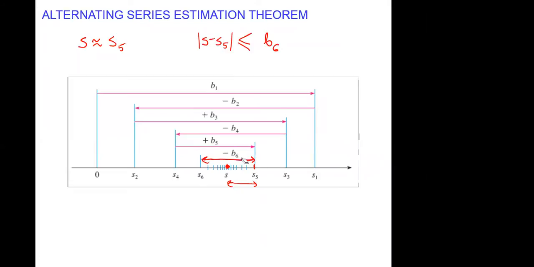Can you see my line, the bottom one, which represents the difference? This line represents the difference, absolute value. We can see this line is definitely smaller than b sub 6, the first term that we omit. We didn't use it. That means this definitely works. If we put 4 and 5, or 3 and 4, it will also work.